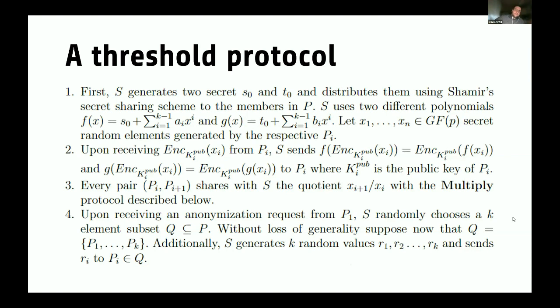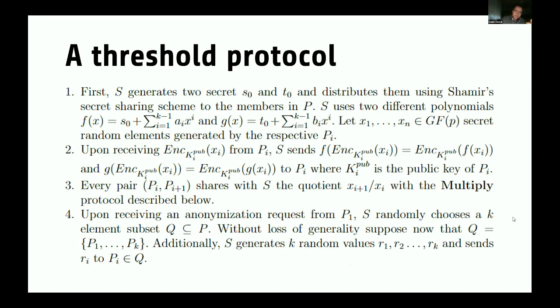So here, if any of the participants knows the polynomial, then the participant also knows the constant term of the polynomial, and then he can start to brute force the hash value.